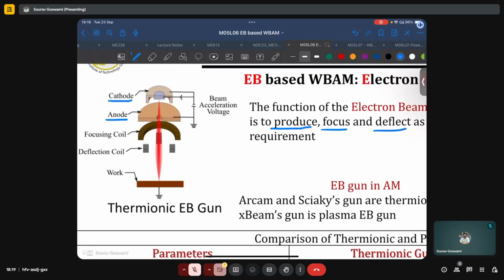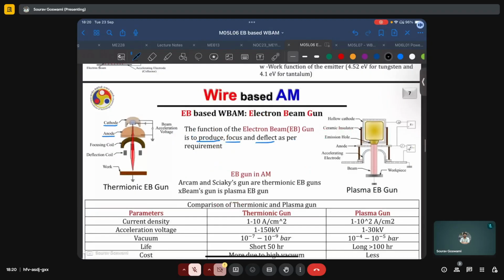The anode will be positively biased, and electrons which are emitted from the cathode will be attracted towards the anode. However, as we see here for this red beam, the beam of electrons does not always follow a straight path and instead they will tend to diverge. This divergence has to be controlled, and this leads to a typical beam profile which has a diverging and then converging section where it is further focused onto the region of interest where printing has to take place.